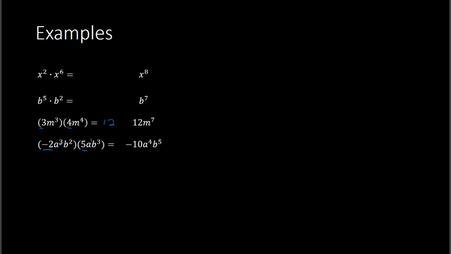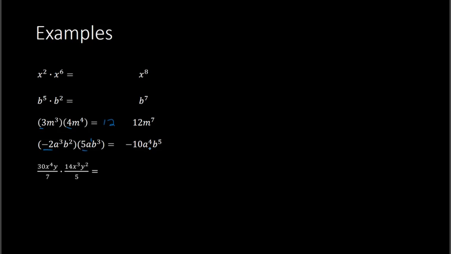When I multiply, I add the 3 plus 1 to get 4. So I have a to the 4th power. And then the b's, we have b squared and b to the 3rd. We're multiplying, so we can add the exponents, 2 plus 3 to get 5. So my expression would be negative 10 a to the 4th times b to the 5th power.